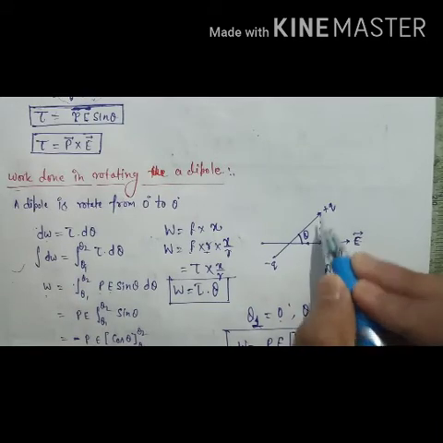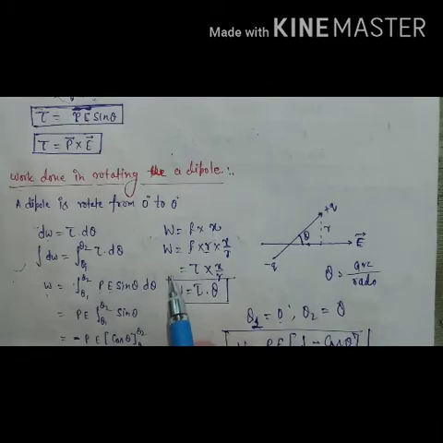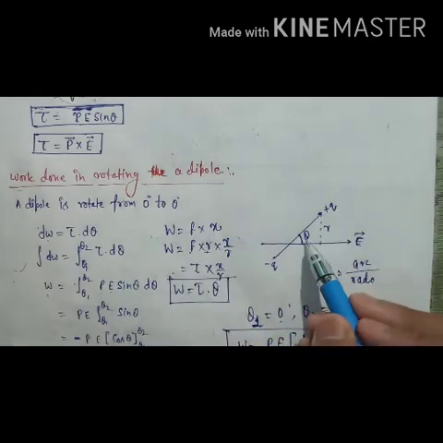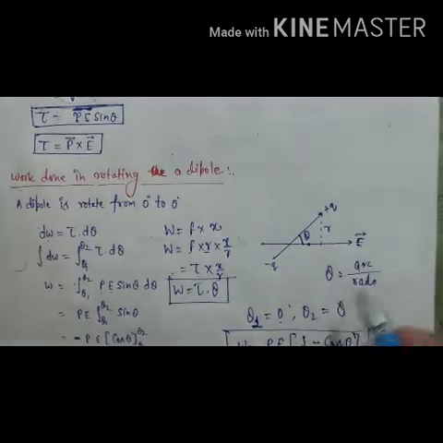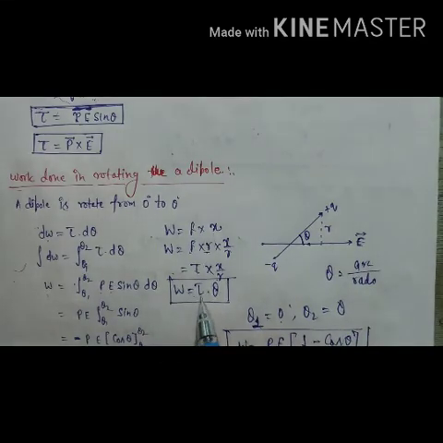So we can write W is equal to torque multiplied by x upon r, where x upon r is theta, since theta is equal to arc upon radius. So we can write W is equal to torque into theta.